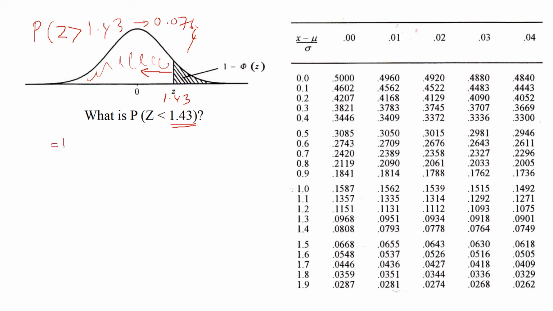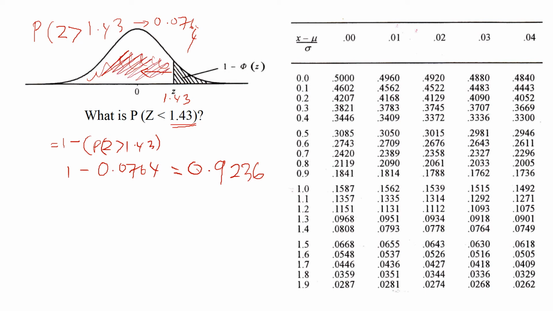So if we want to find the probability to the left, we just subtract the P(Z above 1.43), which we got as 0.0764. So 1 minus 0.0764 is equal to 0.9236. So this is the probability of finding this area.